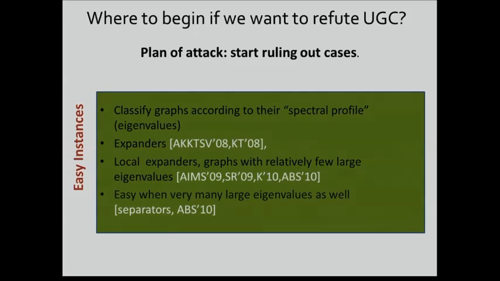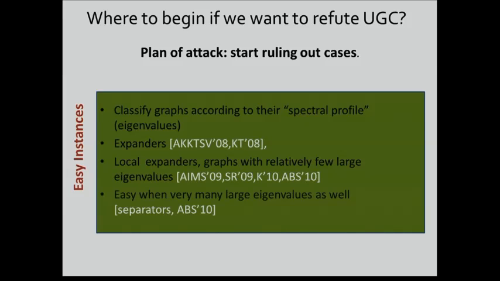And let me say one more thing. Let's go back to this spectral profile. Graphs that are really sparse, like planar graphs and trees, graphs with low genus, there's a sort of folklore separator result, Arora, Barak, and Steurer, that shows that these graphs are also not hard for Unique Games.